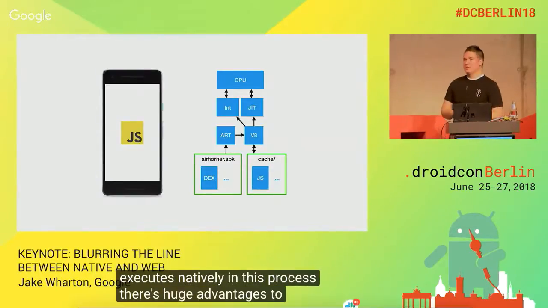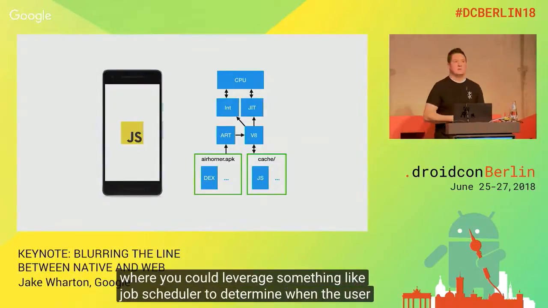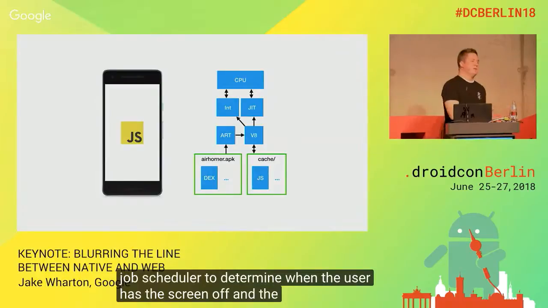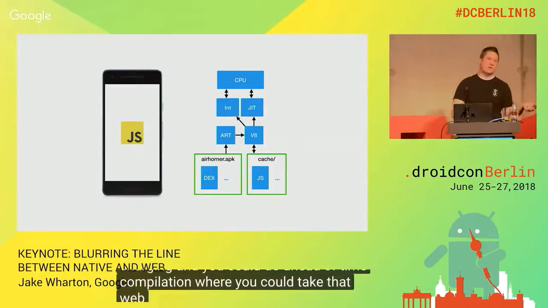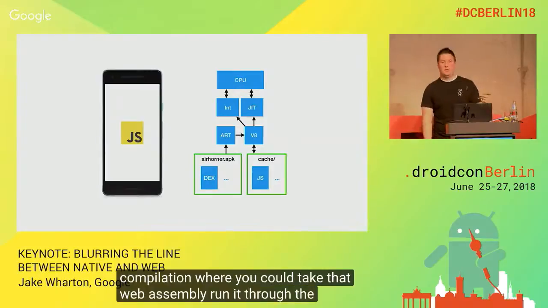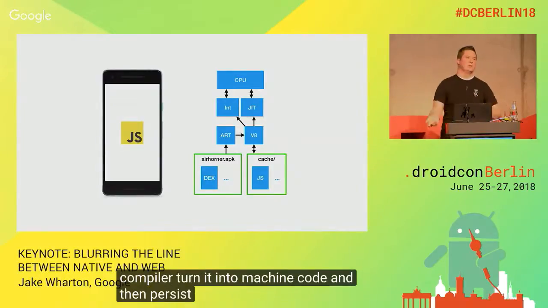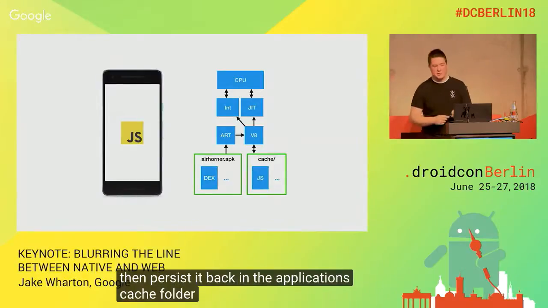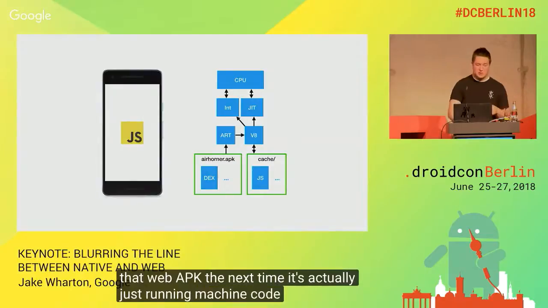There's huge advantages to be had here where you could leverage something like JobScheduler to determine when the user has the screen off and the phone is charging, and you could do ahead-of-time compilation, where you could take that WebAssembly, run it through V8's compiler, turn it into machine code, and then persist it back in the application's cache folder. So when the user clicks that web APK the next time, it's actually just running machine code.